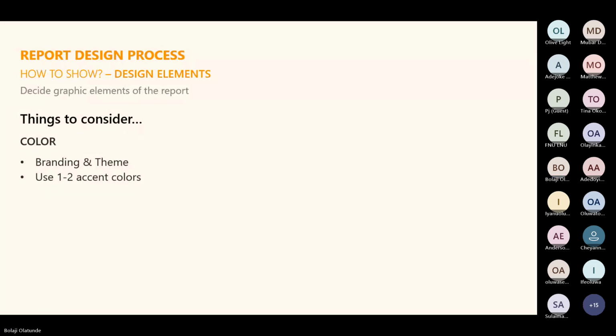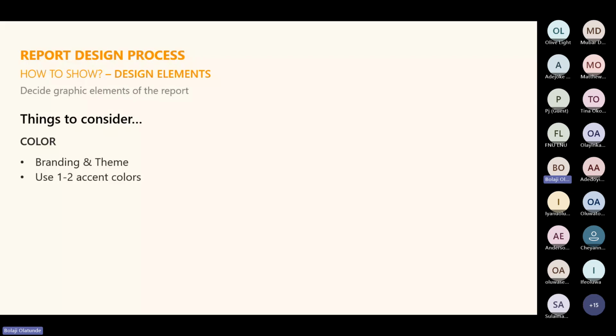Two, use very few accent colors, or let's call them dominant colors. In almost every report, you don't need to have 4, 5 colors. A lot of times you can do well with just 1 to 2 accent colors. And what are accent colors? Accent colors are those dominant colors that, when you see them, take a lot of attention in the report.